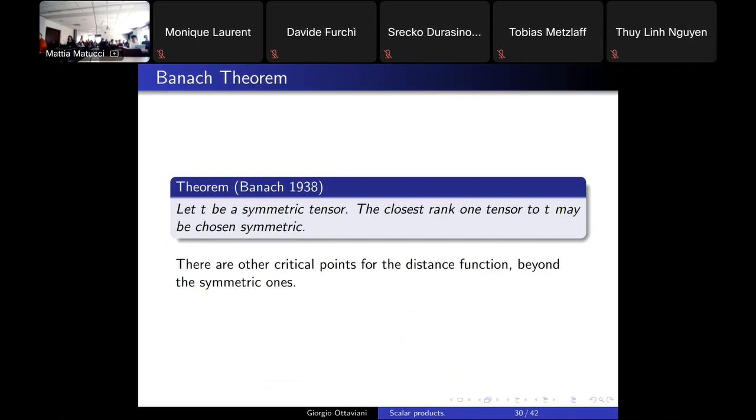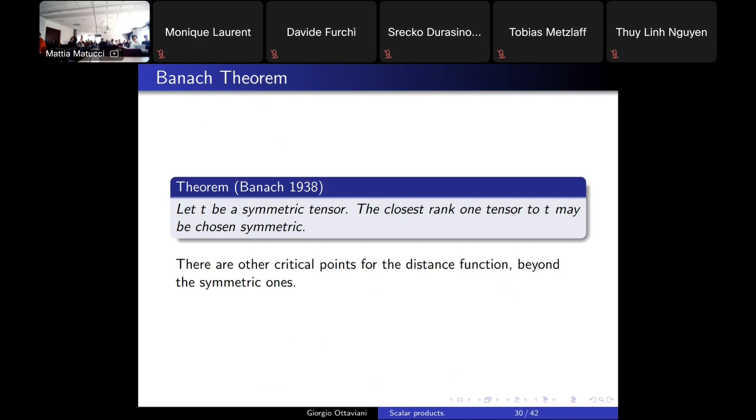You know that maybe 3 years after, he died in a concentration camp, he was a Jew. And the theorem is the following: if you start from a symmetric tensor, the closest rank 1 tensor among possibly non-symmetric ones may be chosen symmetric.